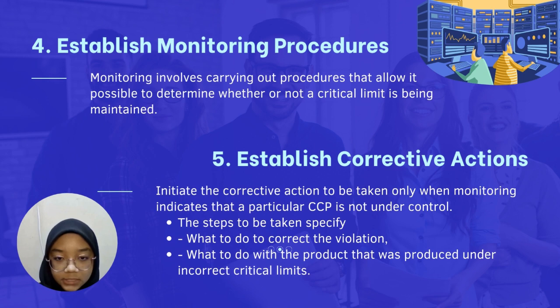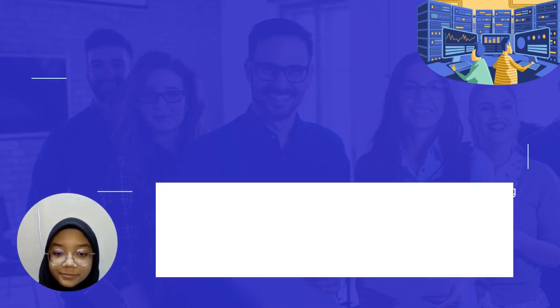The next principle is establish corrective actions. Initiate the corrective actions to be taken only when monitoring indicates that a particular CCP is not under control. The steps to be taken specify what to do to correct the violation and what to do with the product that was produced under the incorrect critical limits.